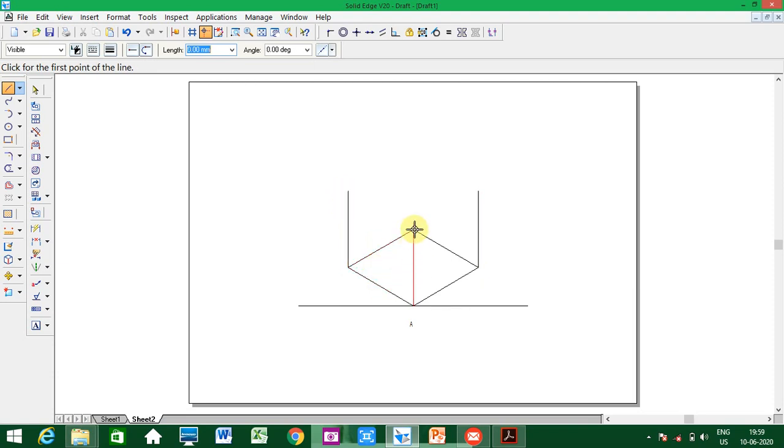Then again from this side corner I draw 50, because I have to create a box at the top. Now I'll complete this box at the top also, this end, this end.